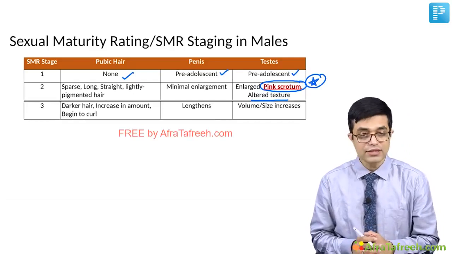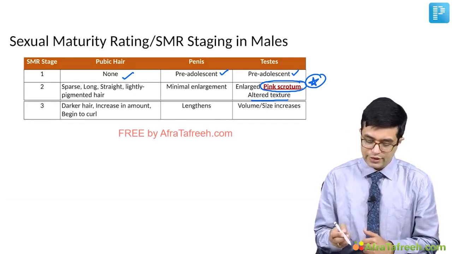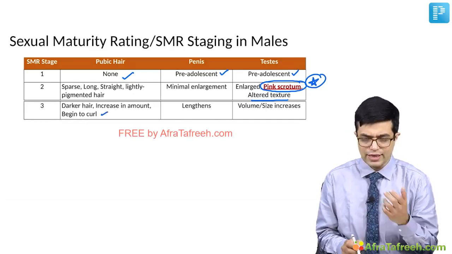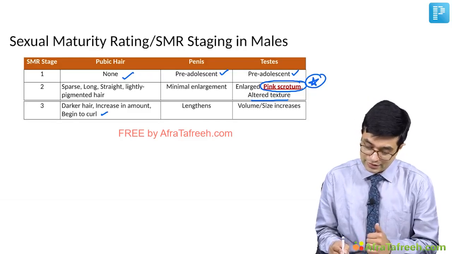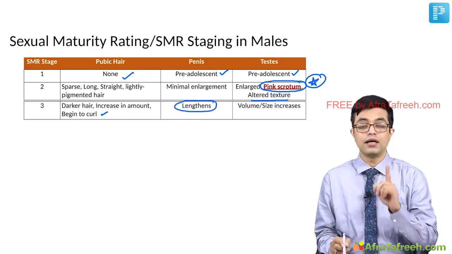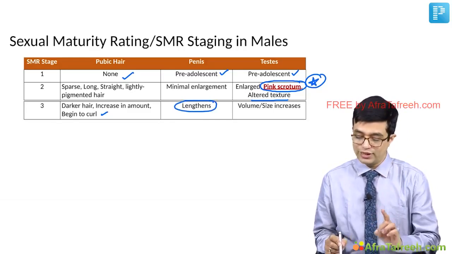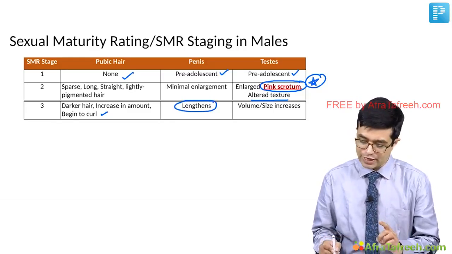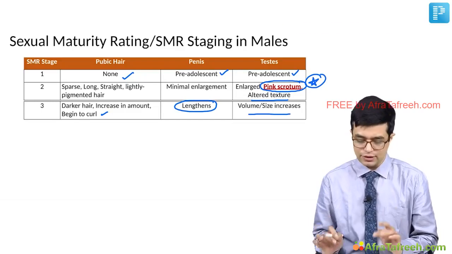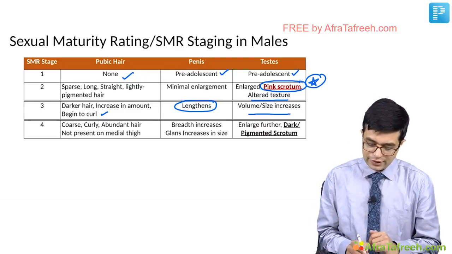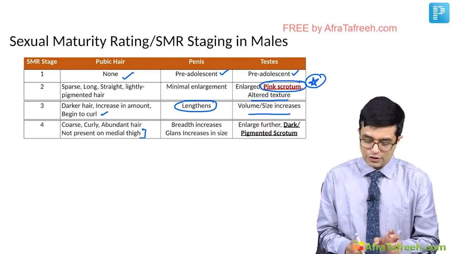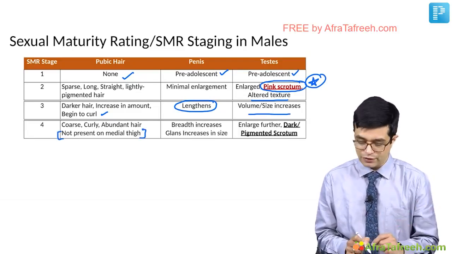Then you have SMR stage 3. The hair are darker, increase in amount and begin to curl, just like that of females. Penis length increases earlier compared to breadth, so lengthens in stage 3, and volume and size of testis will increase here. Stage 4, the hair become curly, except they are not present on the medial thigh, just like we did for females.